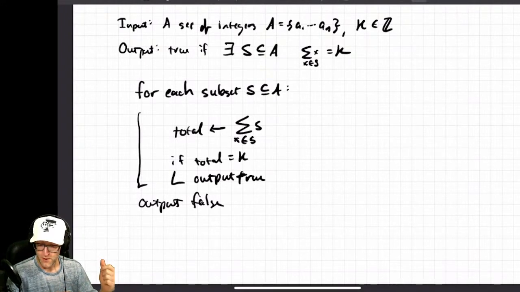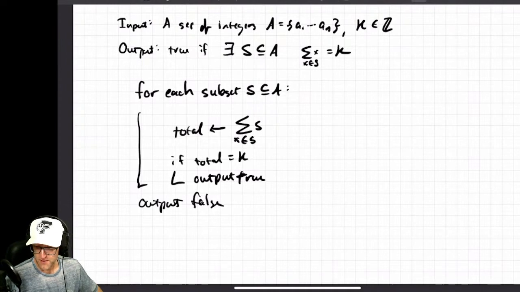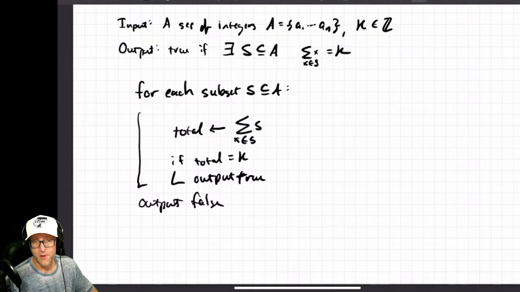But in the worst case, of course, it's going to be the same, where you have to actually look at all possible subsets. You can be a little bit clever about it and sum up all the elements and see if that even exceeds K or not, and then immediately stop and answer no.